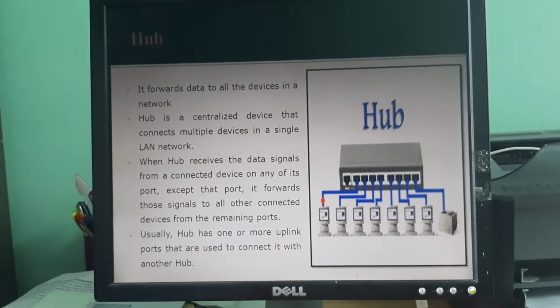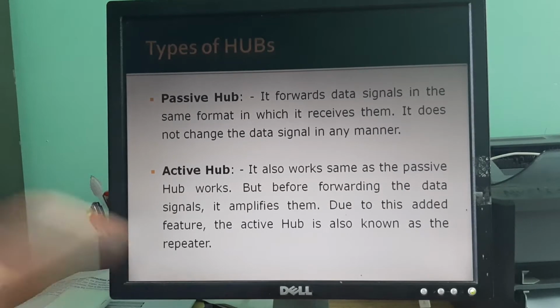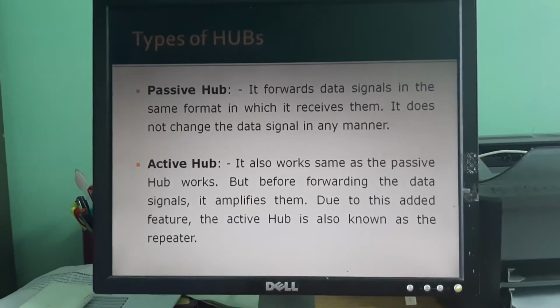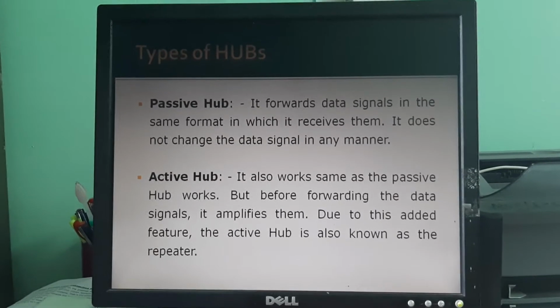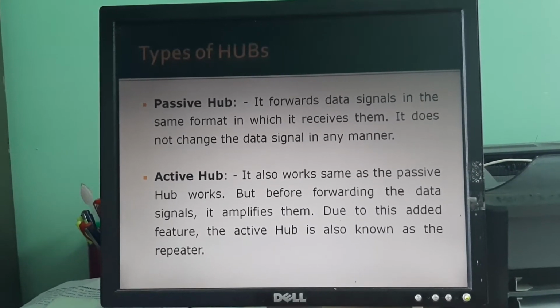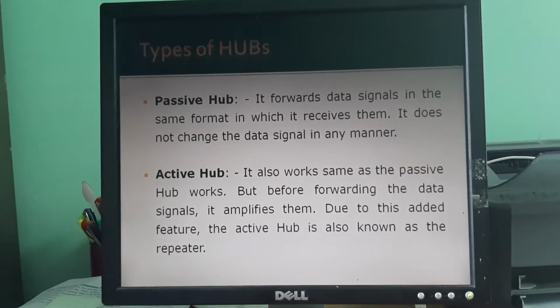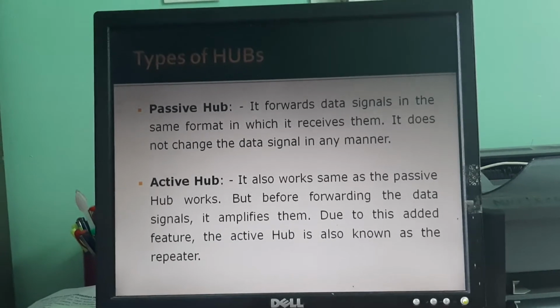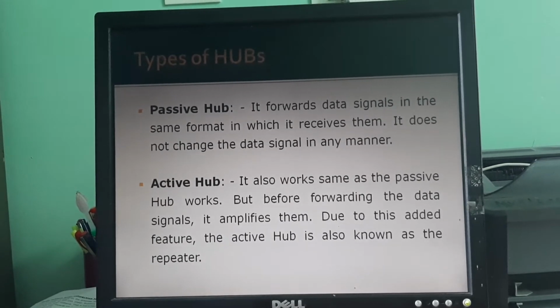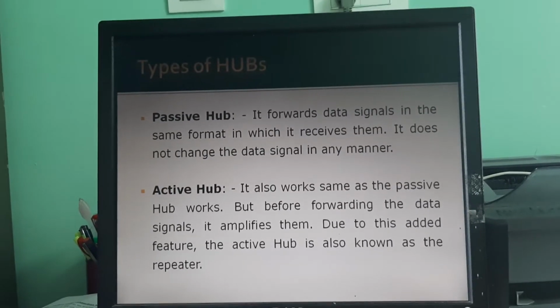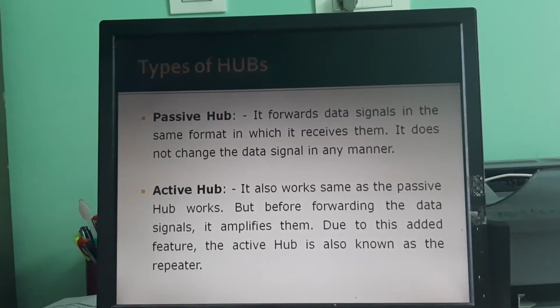When it comes to the active hub, it is also called a repeater. Compared with the passive hub, what this active hub does is, after receiving the signals from a device, before forwarding those signals, it amplifies them. Amplifies means in a required format.